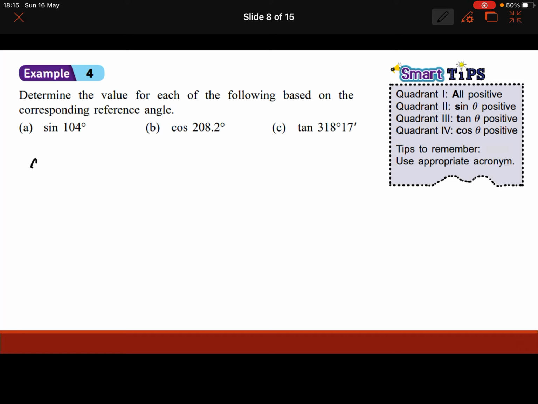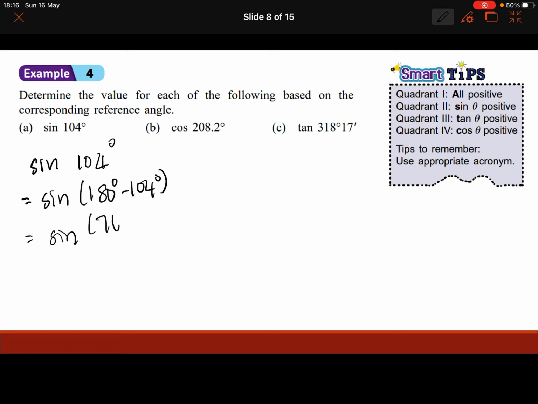Sine 104 is in the second quadrant. So it's sine 180 minus 104 equals to sine 76. So you just press your calculator. Sine 76 equals to 0.9703. Simple, right?